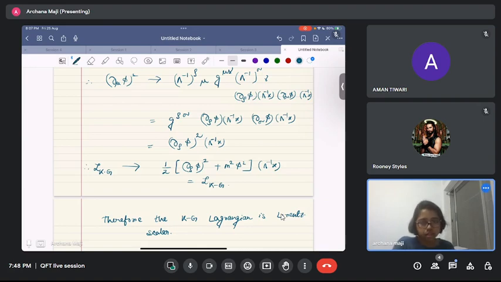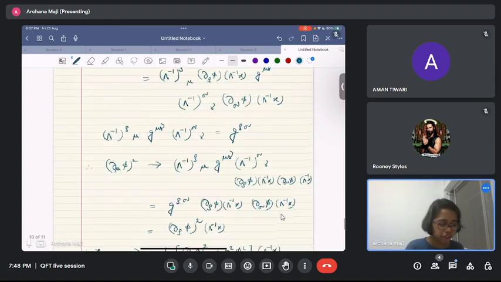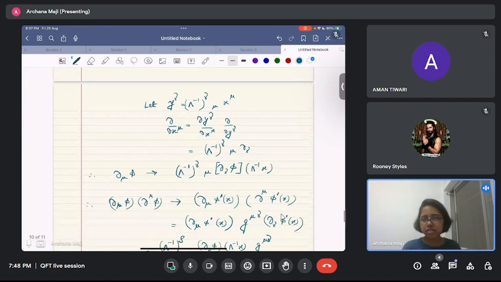That is required because we are incorporating special relativity, and Lorentz invariance is a property that must be satisfied by a special relativistic theory. Okay, so we can stop here. Let me know if you have any questions.